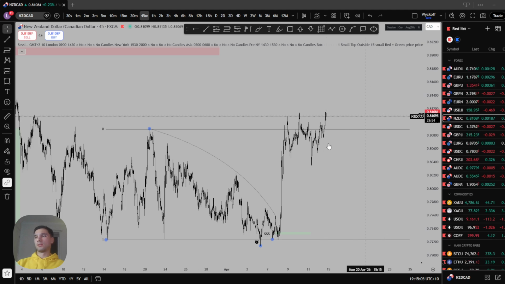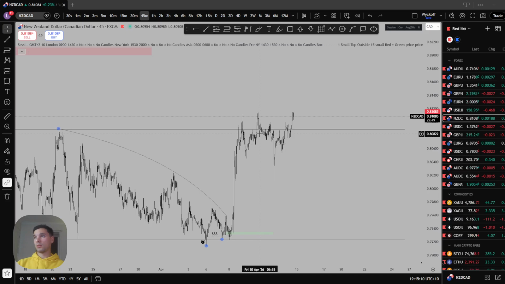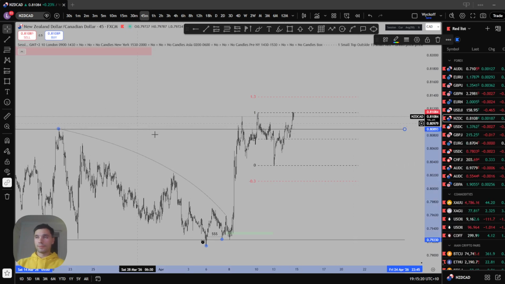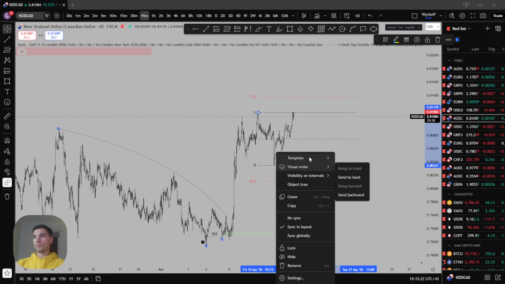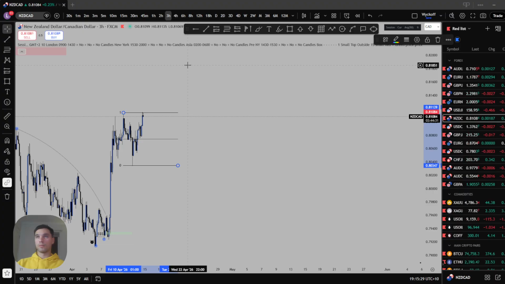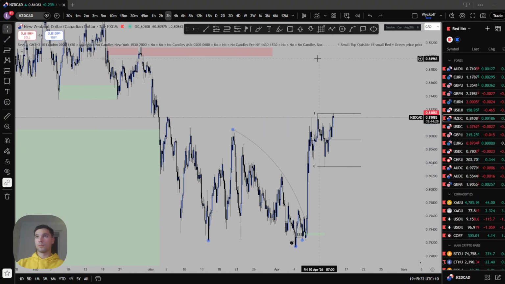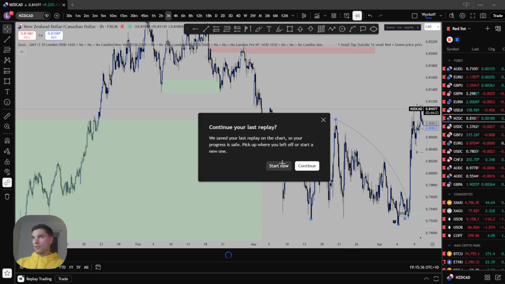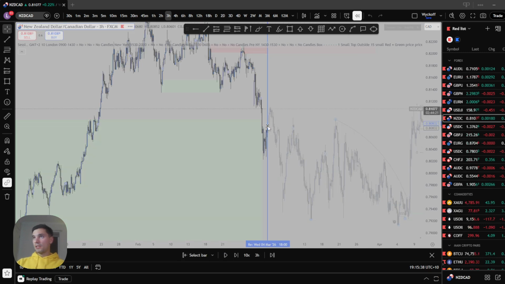NZD CAD. Really nice accumulation which completed itself here. This will be my new range to monitor. Just interested to see if there's any POIs in here.